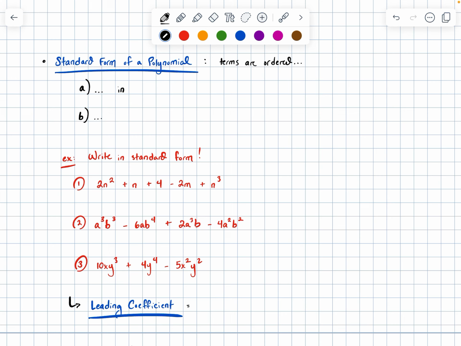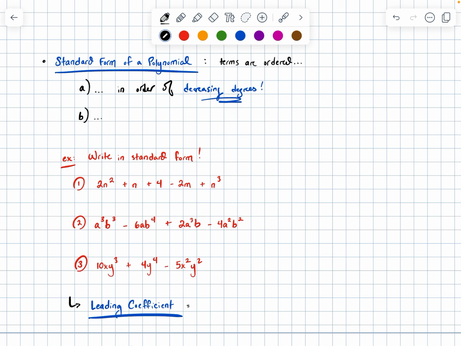So we put the ones that have the most impact, in other words, the biggest degree, towards the front. So by convention, we will usually want to order our polynomial in terms of decreasing degrees. So I'm going to put the biggest degree terms at the front and the smallest degree terms at the back.